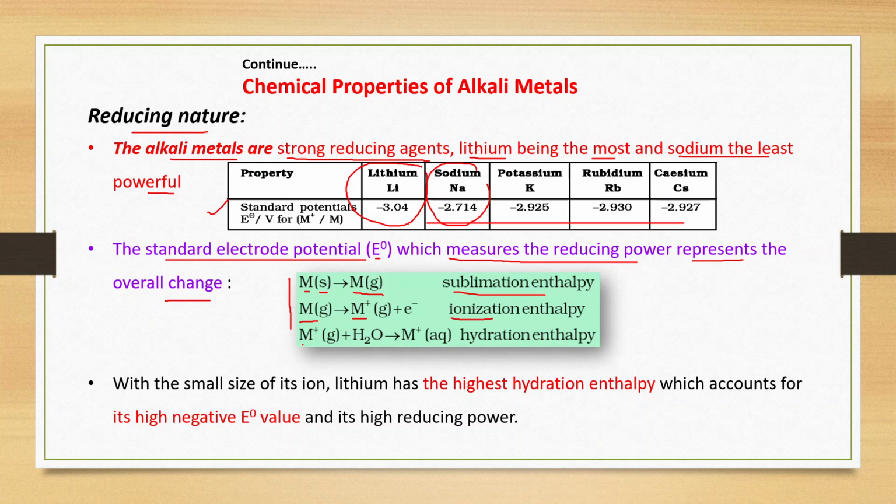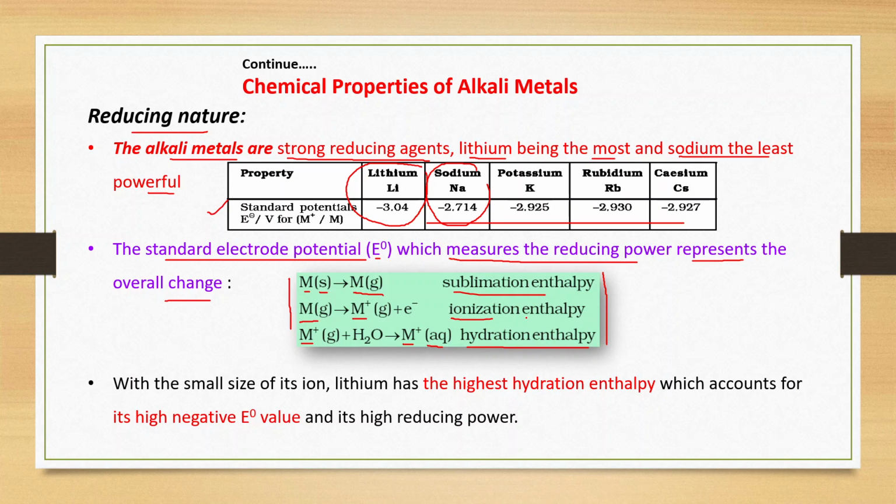And metal ion in gaseous state converted into metal ion in aqueous state: hydration enthalpy. The overall result of these enthalpies determines the standard electrode potential. The more negative the standard electrode potential, the stronger the reducing strength.